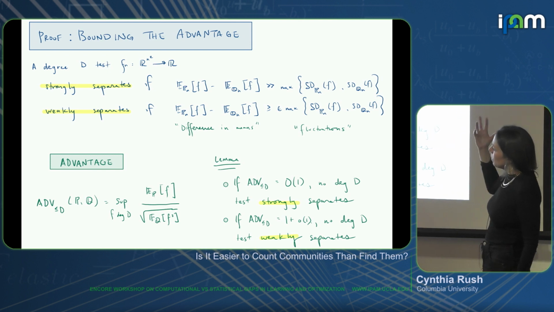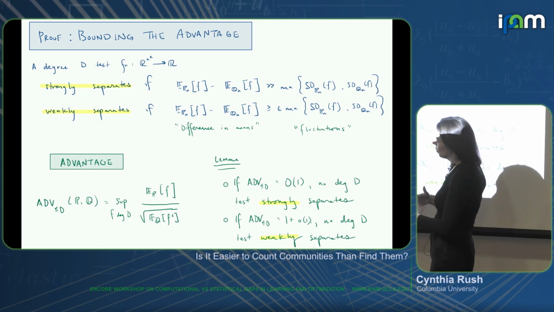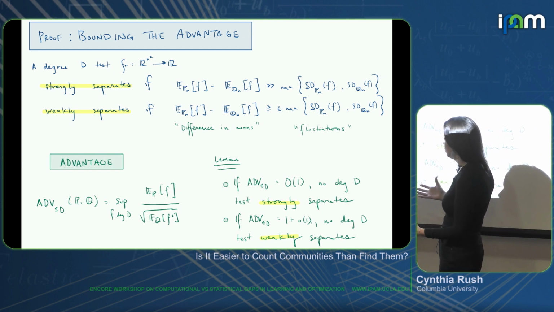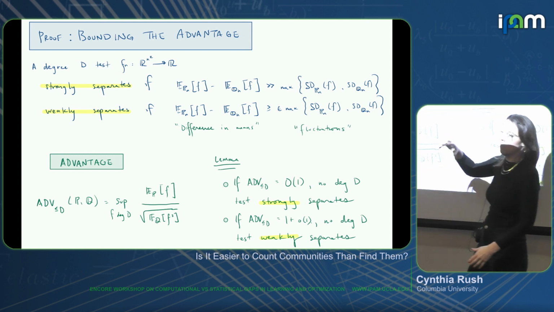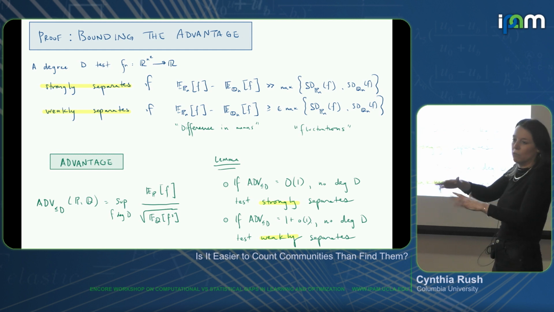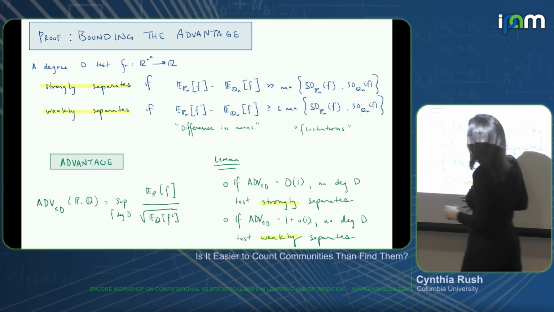Well, the thing that we actually study is this object that the low degree folks call the advantage. The idea is that this advantage is supposed to measure the advantage beyond random guessing that any given test provides.